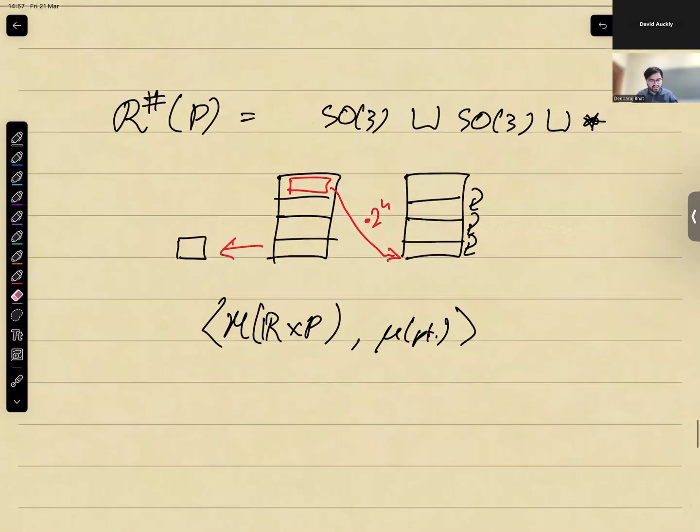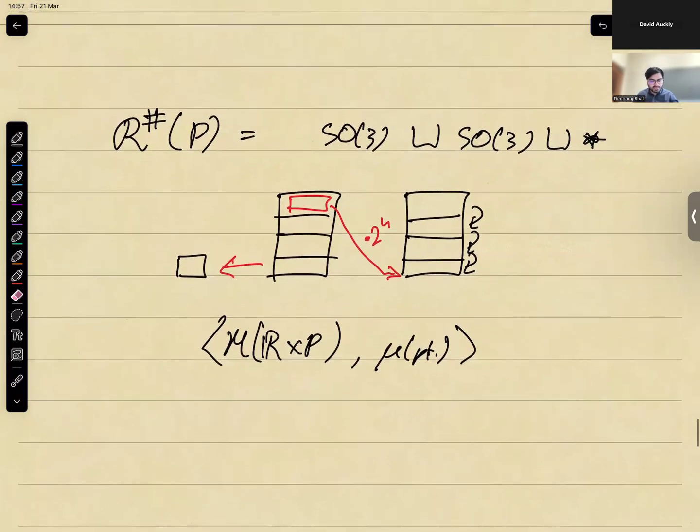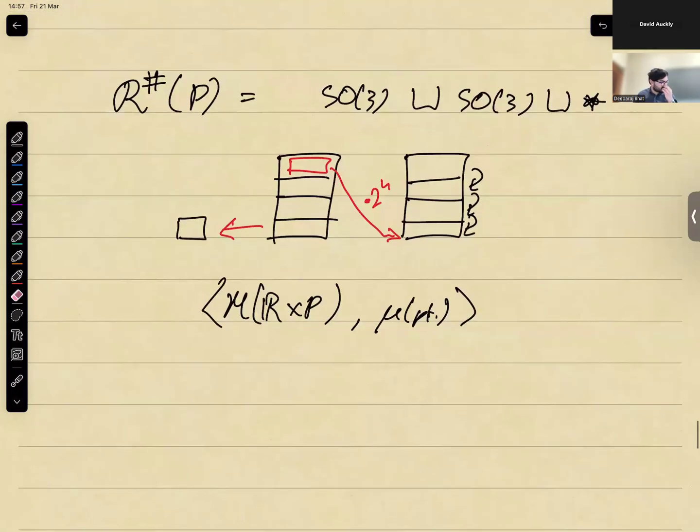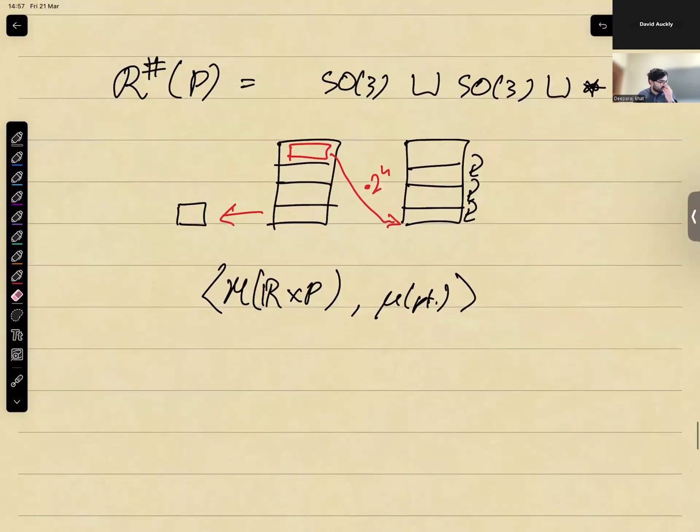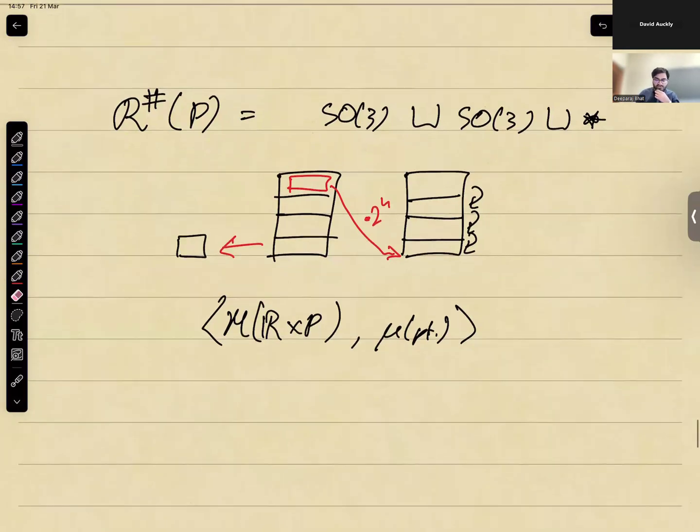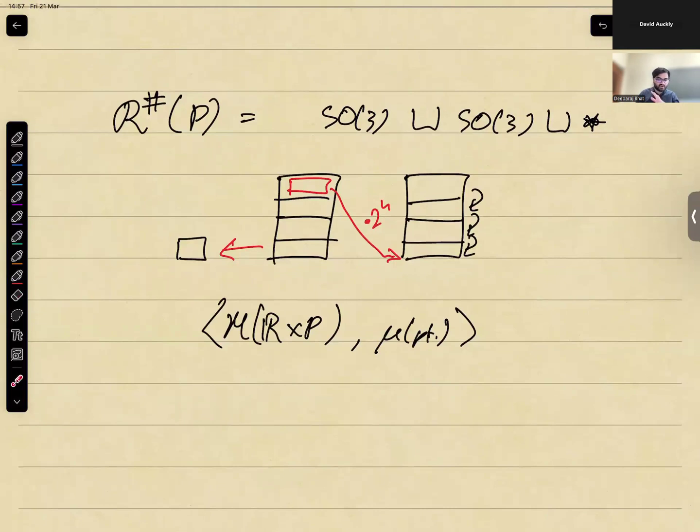So I should clarify that what you're describing is closer to taking the equivariant homology of the character variety. But what I wanted to look at was just forget the SU2 quotient, just look at SU2 character varieties and look at this.